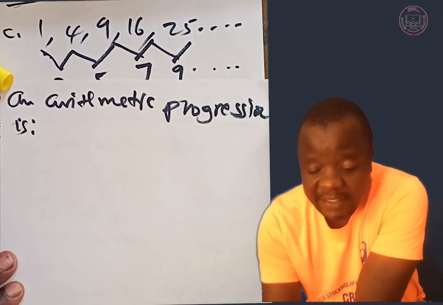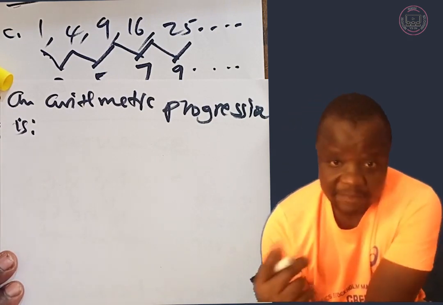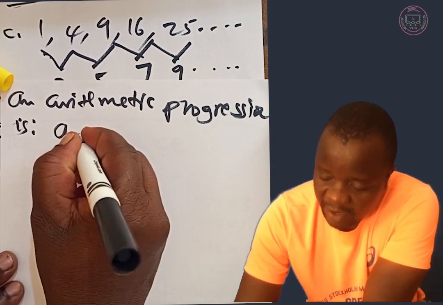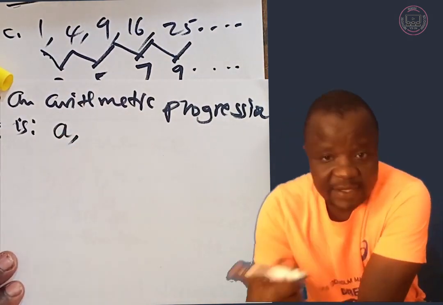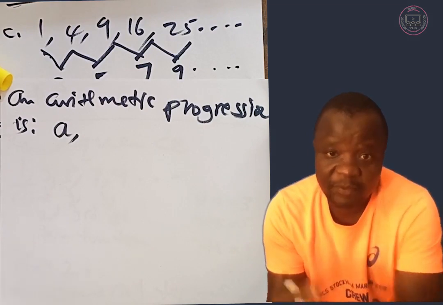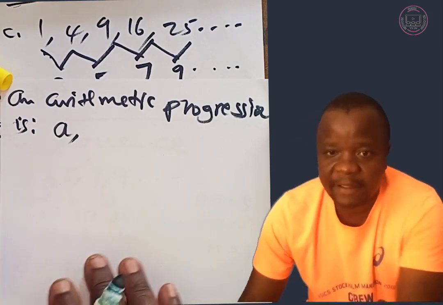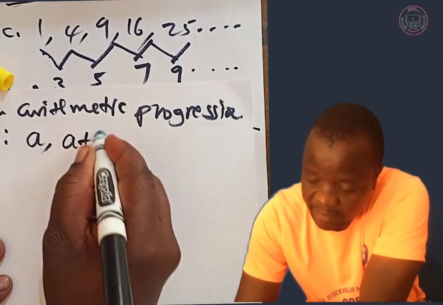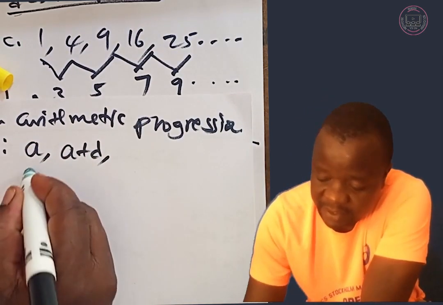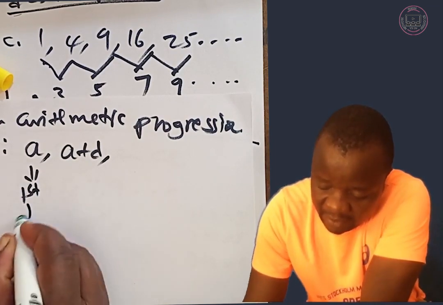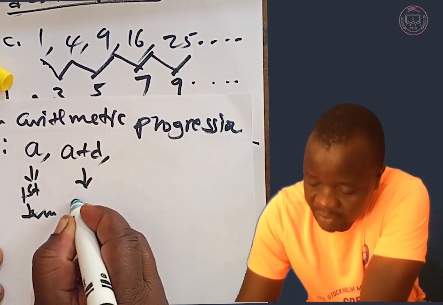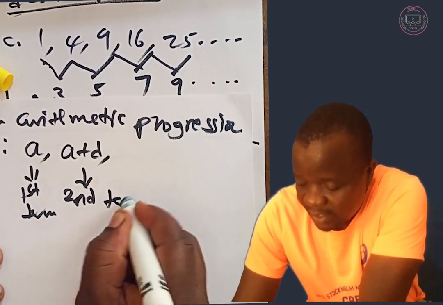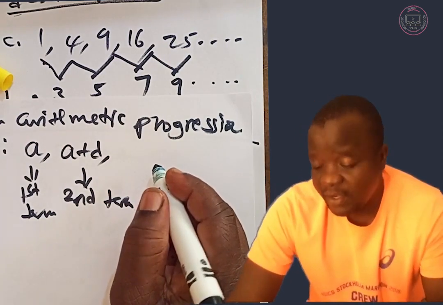We have seen that we are adding a common difference to the previous term to get the next term. So for example, if we have A being the first term, we add a D. In this case, we are going to come up with expressions for an arithmetic progression. If we have an A, we are going to have A plus D being the second term. It means this is our first term, and this one indeed is our second term. And then we can continue like that.